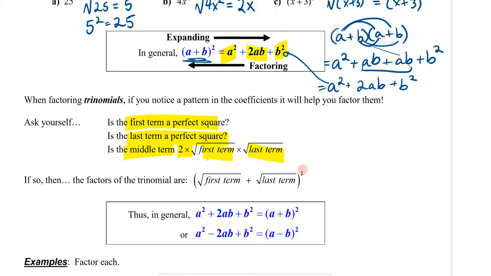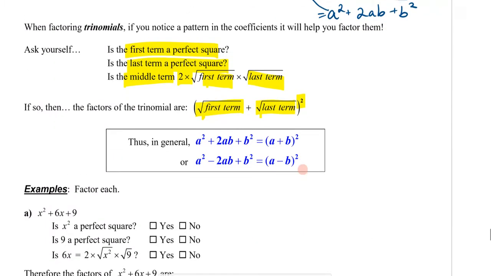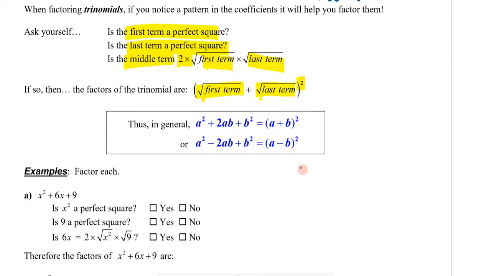If these three conditions are met, then you can employ perfect square factoring, which is just writing the square root of the first term and the square root of the last term in brackets, and then squaring it. In general, we use this formula to help us factor perfect square trinomials. The difference between the first and the second one is just the change in signs from plus to minus.